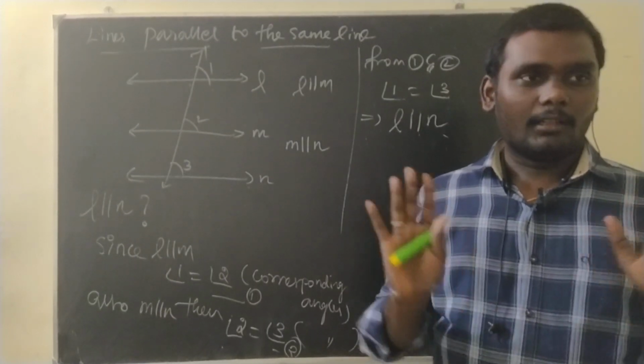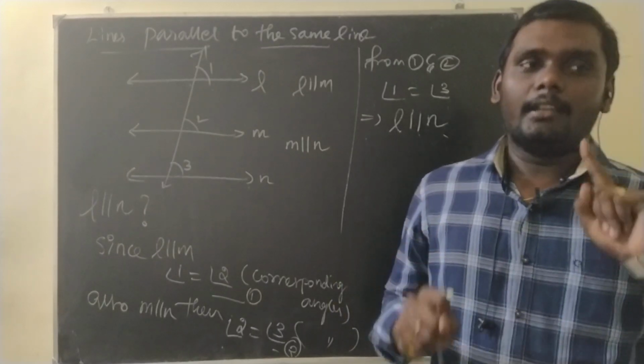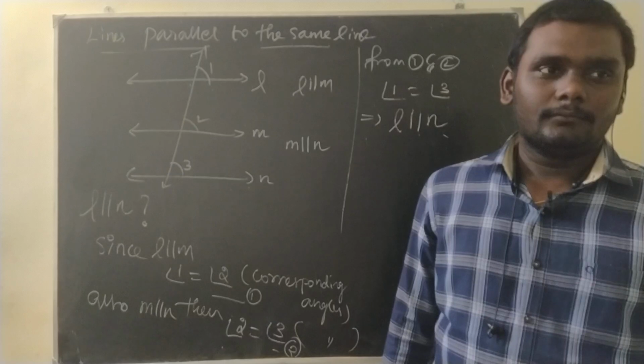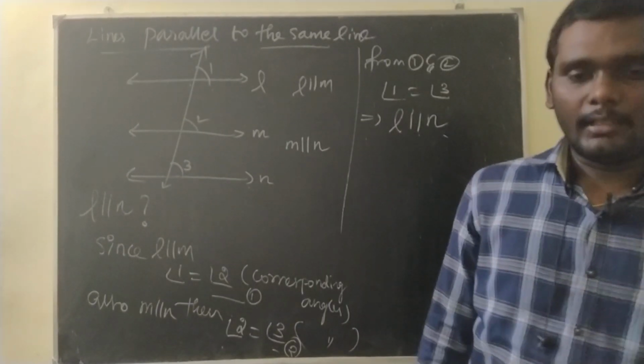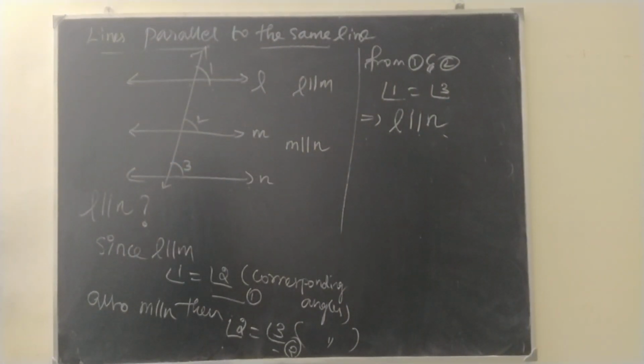Okay, understood or not? If lines are parallel, we can say corresponding angles are equal. If corresponding angles are equal, lines are parallel. Okay, so from this we can conclude that the lines which are parallel to the same line are parallel to each other.